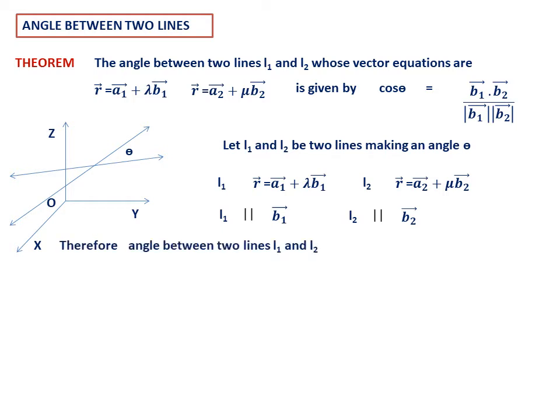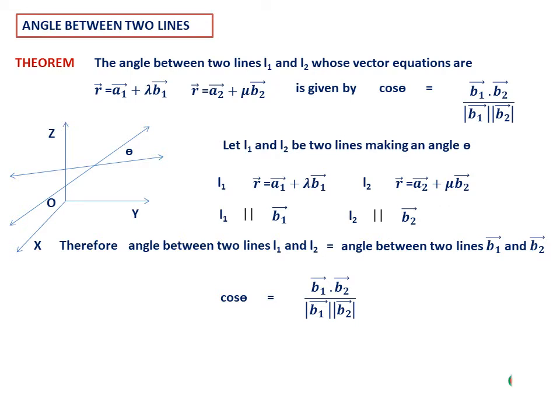Now therefore, the angle between 2 lines L1 and L2 is the same as the angle between the two vectors b1 and b2, and the angle between the two vectors b1 and b2 you know already in vectors. So that is given by cos theta equal to b1 dot b2 divided by magnitude b1 magnitude b2. Therefore this itself is the angle between the lines L1 and L2 also. Therefore we can take this as the formula. So this is the first thing you have to understand.